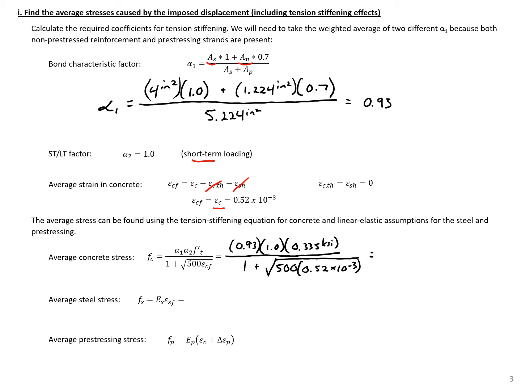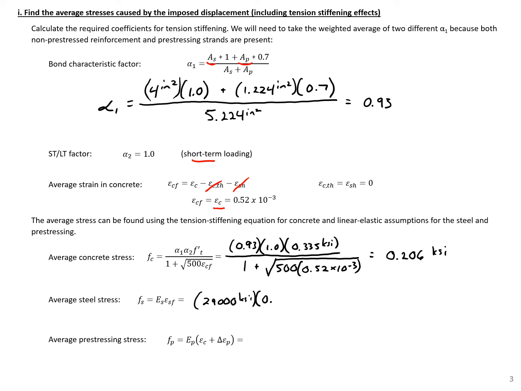So we'll find the average concrete stress to be 0.206 ksi.